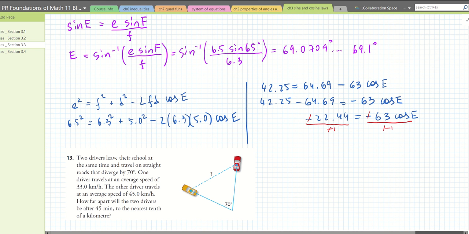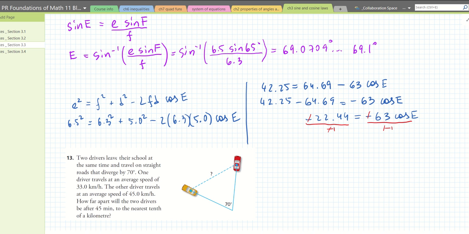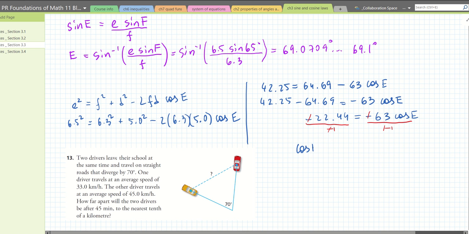So now we have 63 here and on this side, so we have to divide by 63 both sides. So basically cos E equals 22.44 divided by 63. Again, we divided both sides by 63, which on the right side will go away. You're left with cos E by itself.